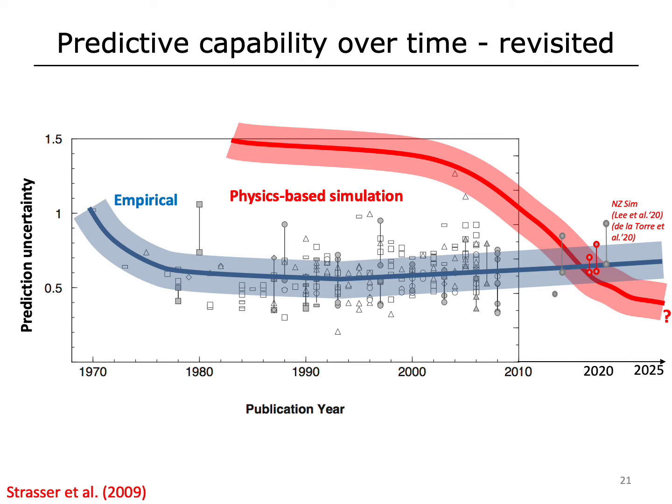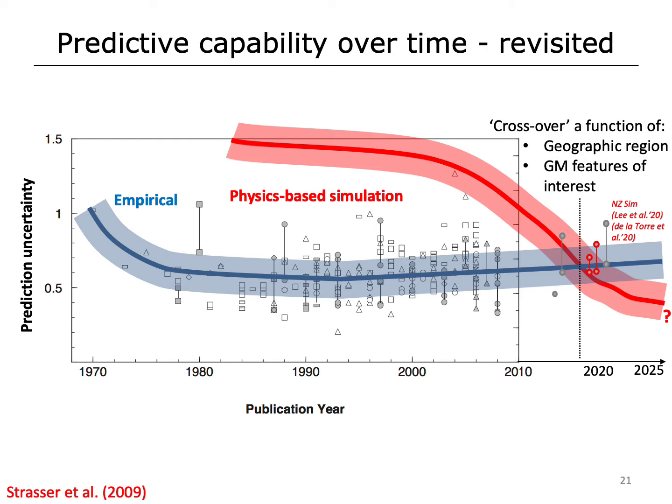And so here I plot in a couple of red points some of those studies that we've done, in particular around the 2020s, and we're seeing about now this crossover between our ability with simulation methods to obtain lower prediction uncertainties than with empirical methods.